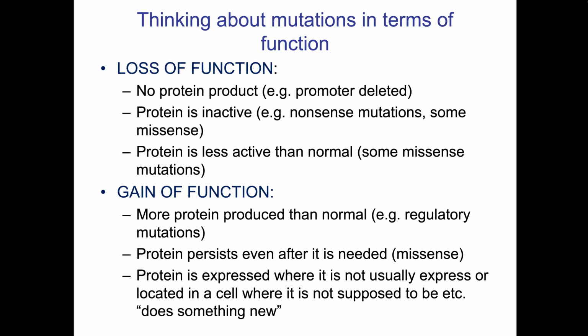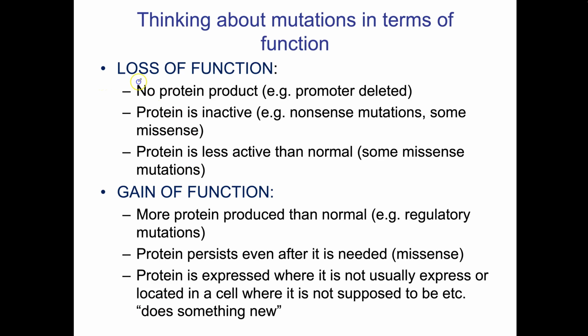But there's another way of naming the kinds of mutations, categorizing them, and that's based on the actual function. So whether a protein product is able to do its job, or whether it's even present or not. And so there are two main categories, and then there's subtypes inside those categories.